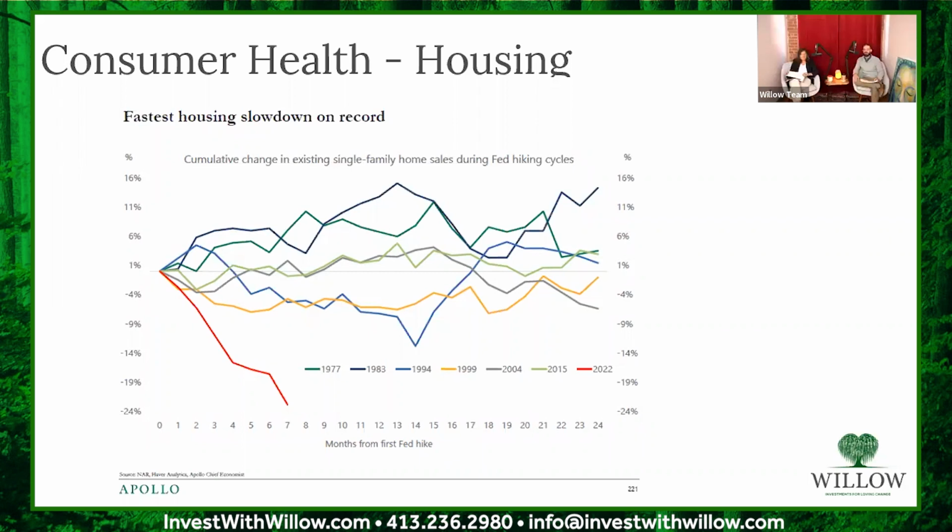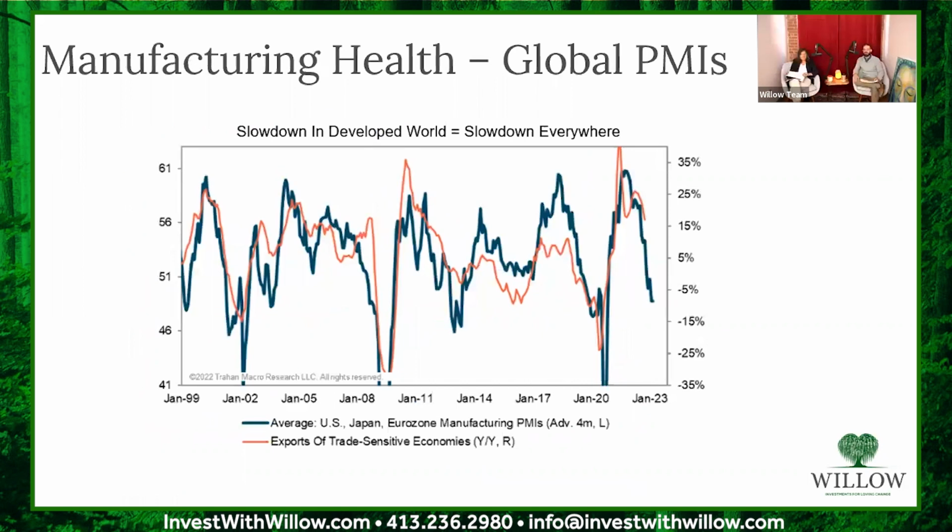Okay, next slide. Manufacturing health, global PMI. So what this is showing is just manufacturing across the globe. And you can see that we're going into a negative pattern, which we did back in 2020 and we did in the early 2000s. So this again is another recession-type indicator that sort of is pointing in that direction.